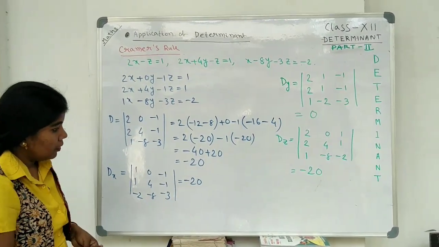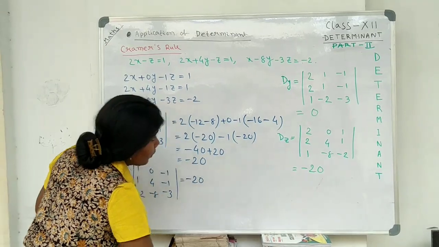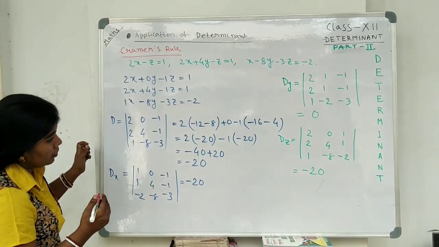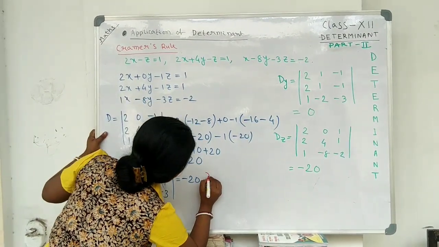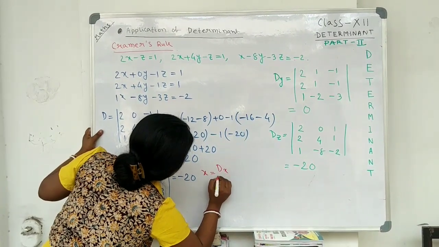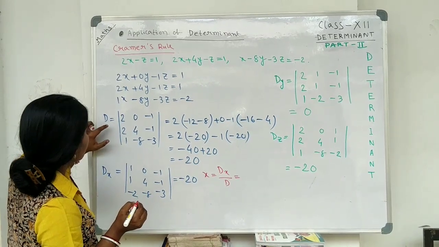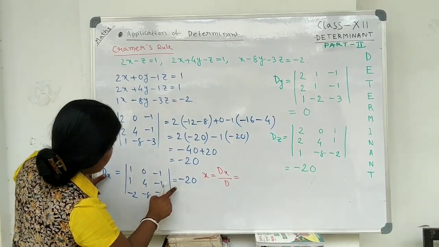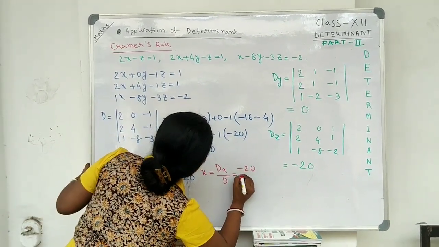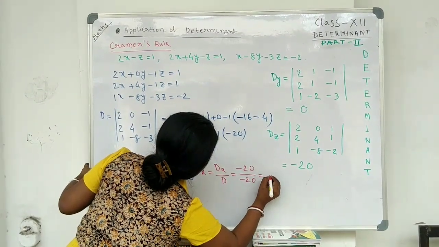Okay. Now you have to find the value of x, y and z. You know that x is equal to dx by d, equal to minus 20 by minus 20, that is 1.